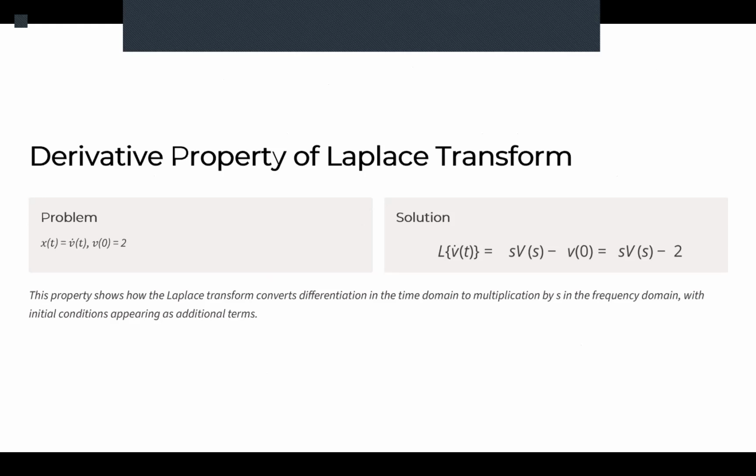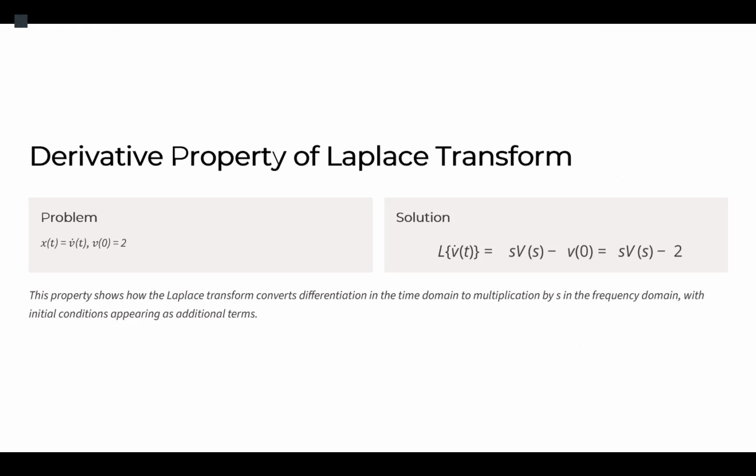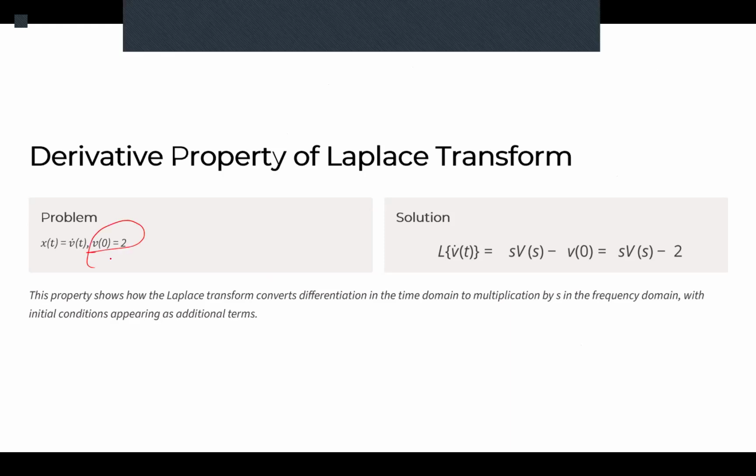What if we have a derivative, like a differential of a function, as our input? So x of t is going to be v prime or v dot of t. And we also have an initial condition, remember. When we have a differential, we need an initial condition.